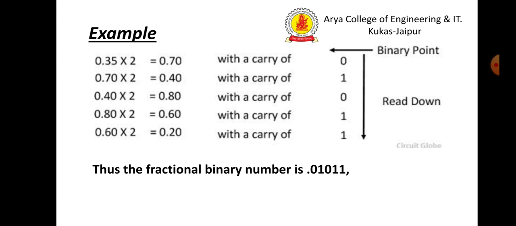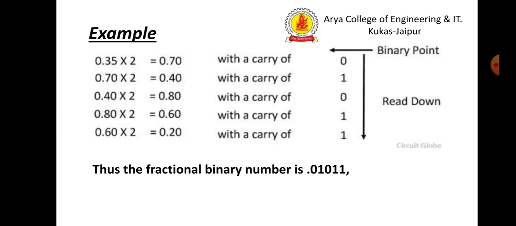When multiplied by 2, you can see we get 0.70. There is no integer part, so the binary digit is 0. Then 0.70 comes in the next step and it is again multiplied by 2. Here we get 1.40. So 1, the integer part, is put as a binary digit and 0.40 comes to the next step.